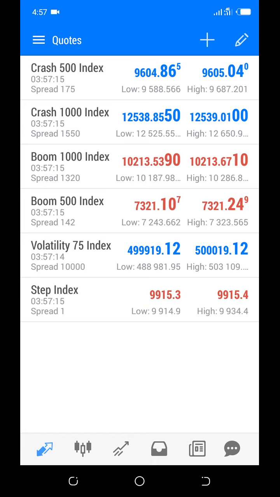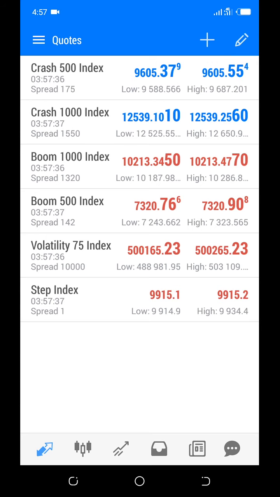However, I still want to chip in that mentorship is still open for anybody interested in learning how to trade boom and crash. That's where my specialty is. However, let's get to talk about V75.